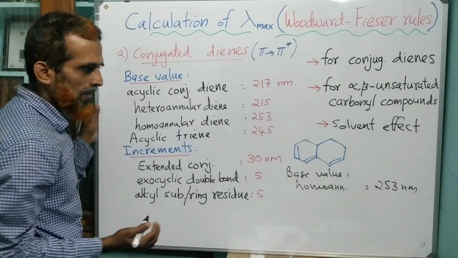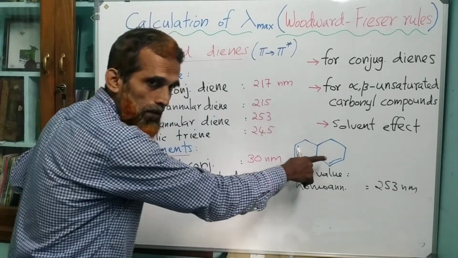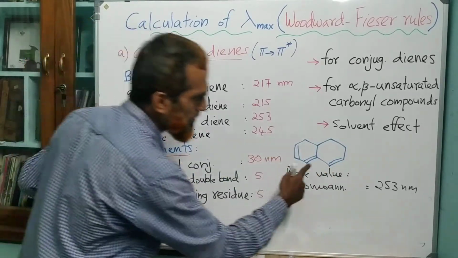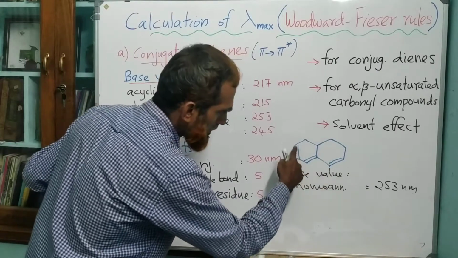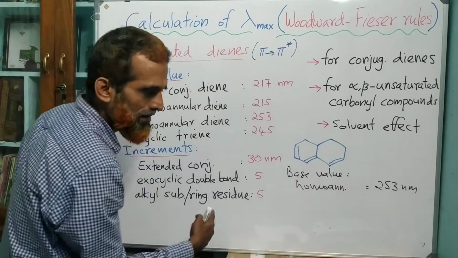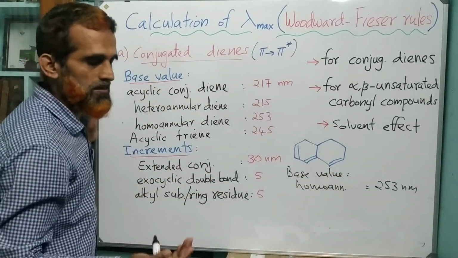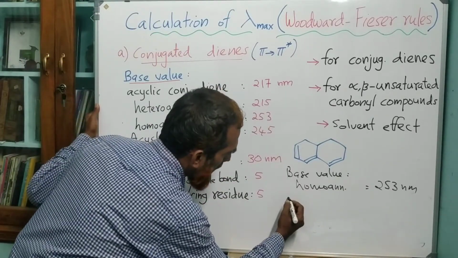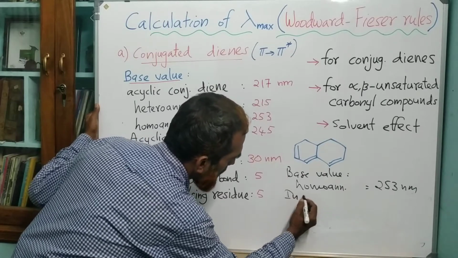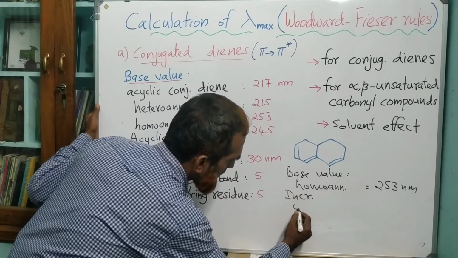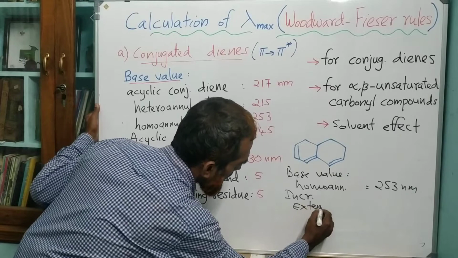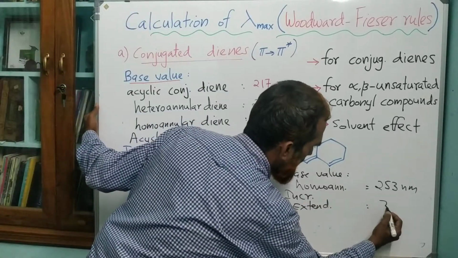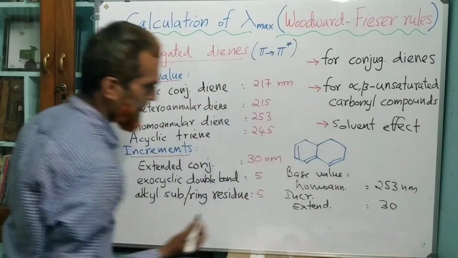Then there is one more double bond which is extended. See, one double bond is increasing the conjugation, right? So you know there is a red shift. Okay, when conjugation increases there will be a red shift. That is the point. So increments now. Extended conjugation, it is adding 30 nanometer.